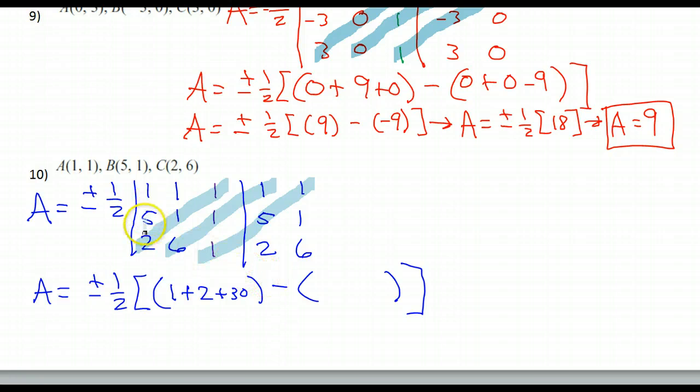Okay. So up diagonal. So this is going to be 2, and then this is going to be 6, positive 6, and this is going to be positive 5.